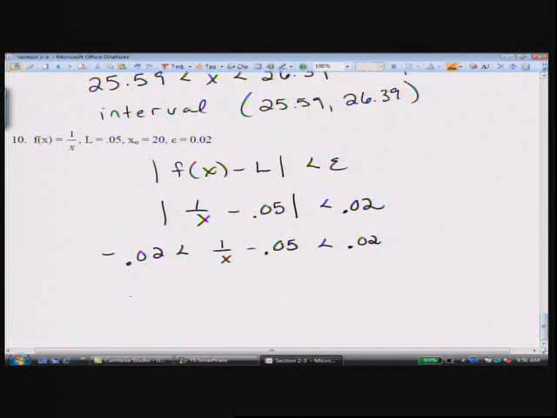Yeah, we'll add 0.05 to either side, so we'll get 0.03 is less than 1 over x, which is less than 0.07. Okay, now, this may not be totally obvious to you, but when you reciprocate a compound inequality like this, it will actually flip the symbols as well.